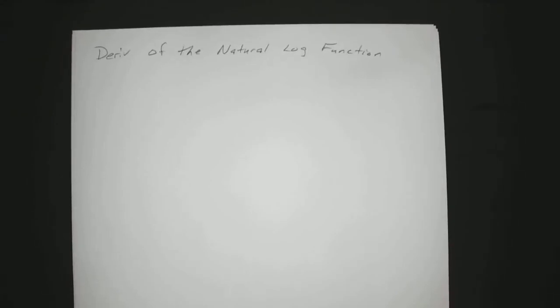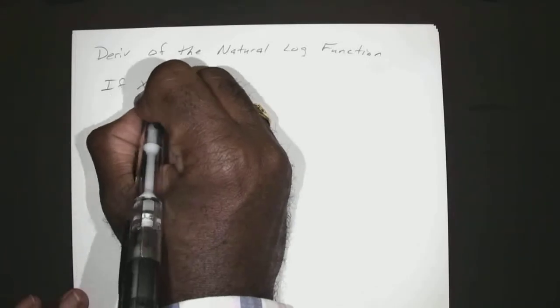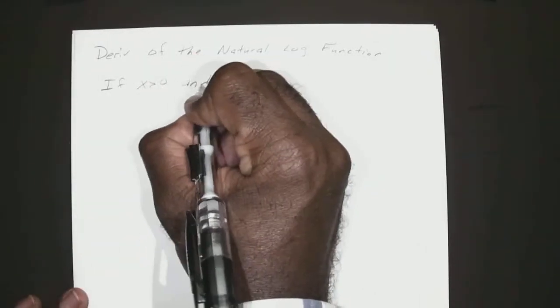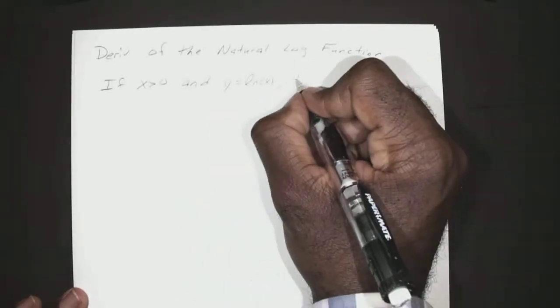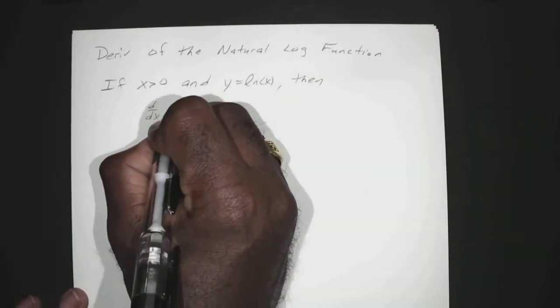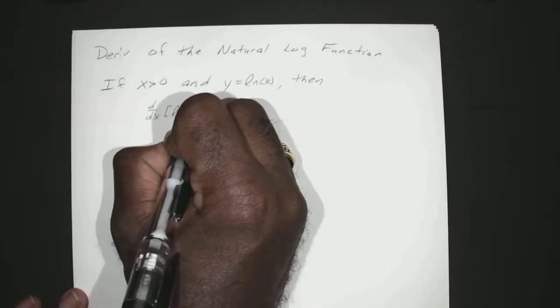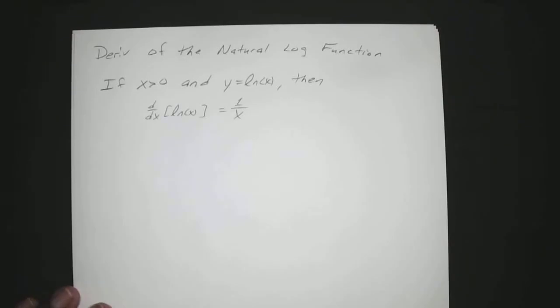Okay, so let's say if x is greater than 0 and y equals some natural log of x, then our derivative of natural log of x is equal to 1 over x.